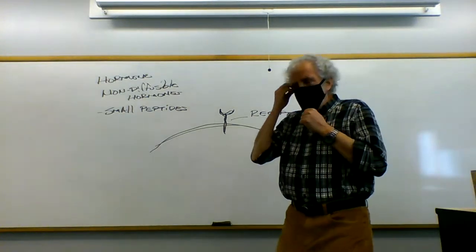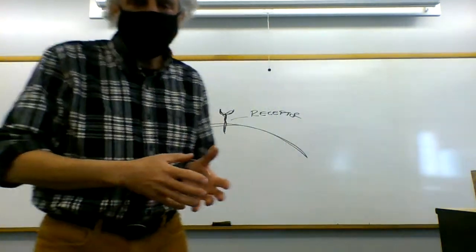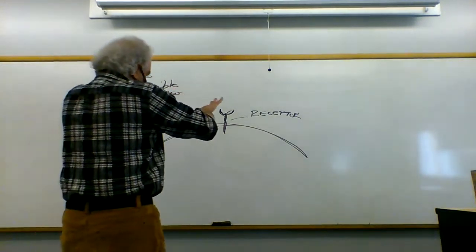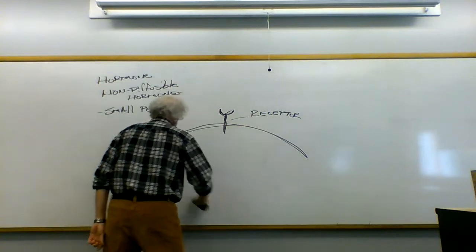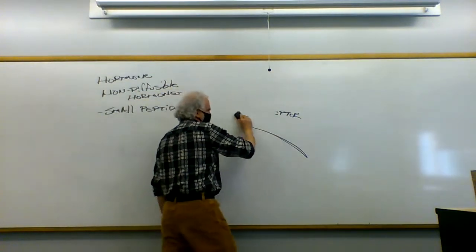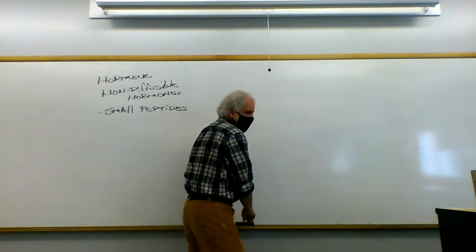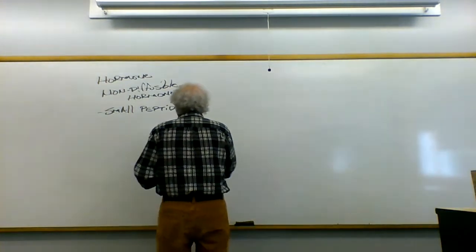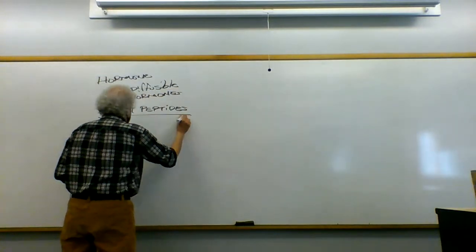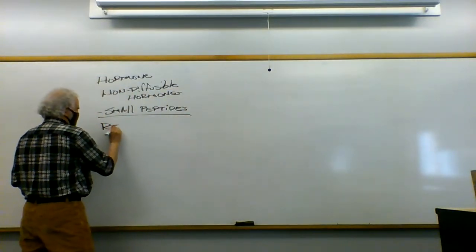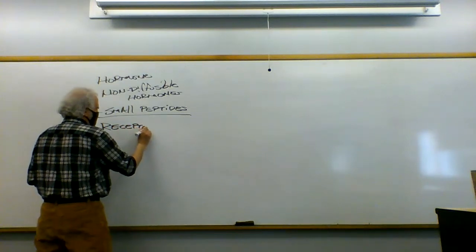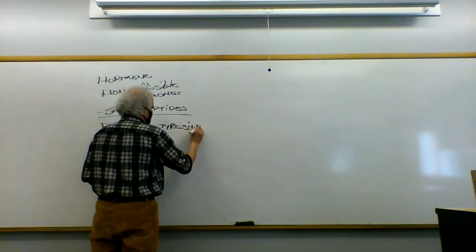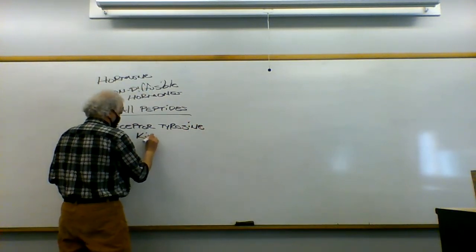So, under the heading of peptide hormones, non-diffusible hormones, we now are going to bifurcate once again. We've got a class of receptors that are known as receptor tyrosine kinases.